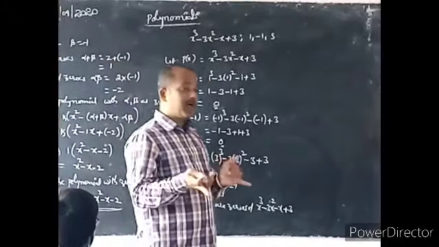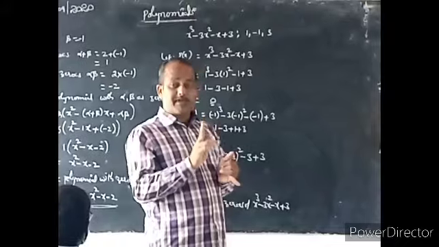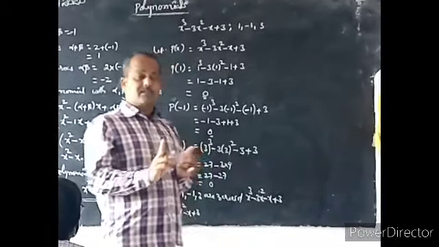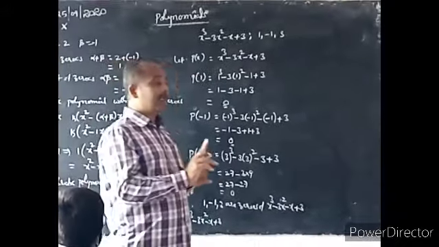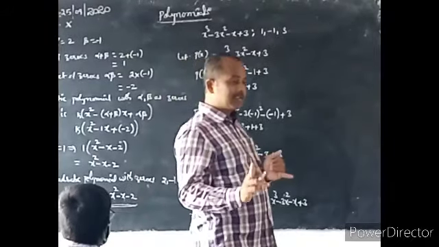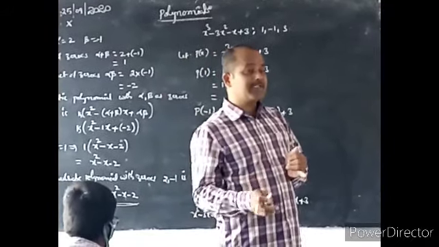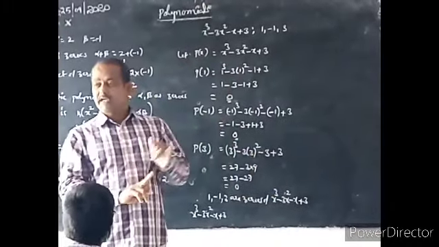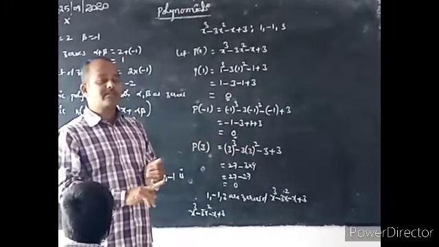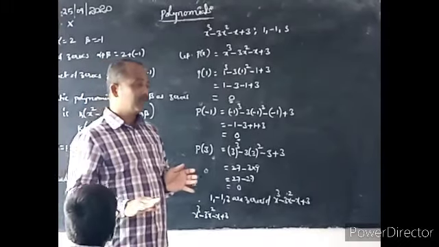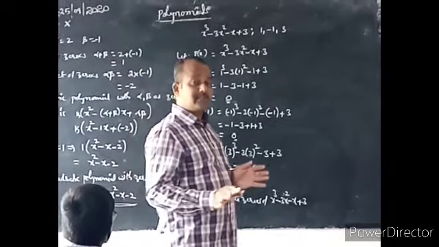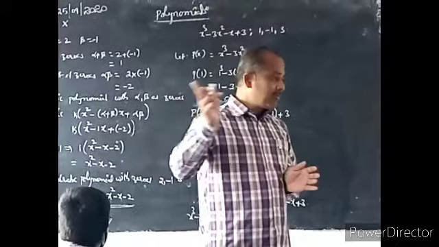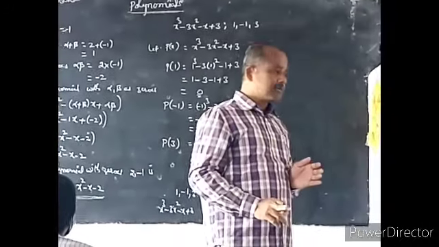Now sum of the product of any two zeros is c by a, which is coefficient of x by coefficient of x cube. Next, product of zeros is constant term by coefficient of x cube.